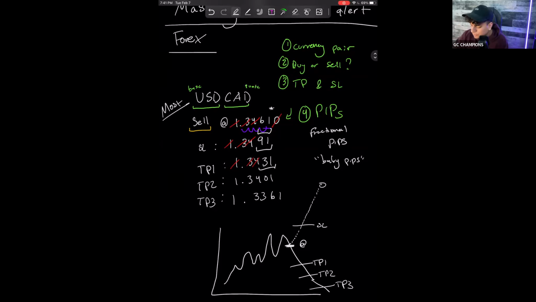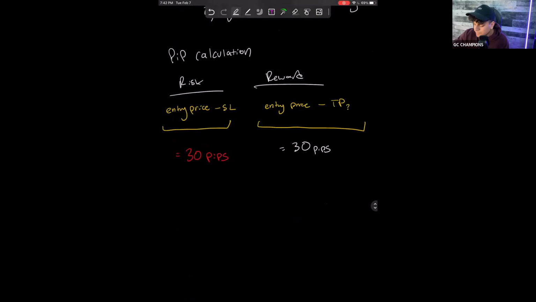Now take profit 2, we're gonna do this faster. If you guys can beat me, definitely do that. So 1.34 is common. So now we've got the difference between 01 and 61, which is a nice even 60 for take profit 2. So this is 1, 2, and then we're going to go look at 3.